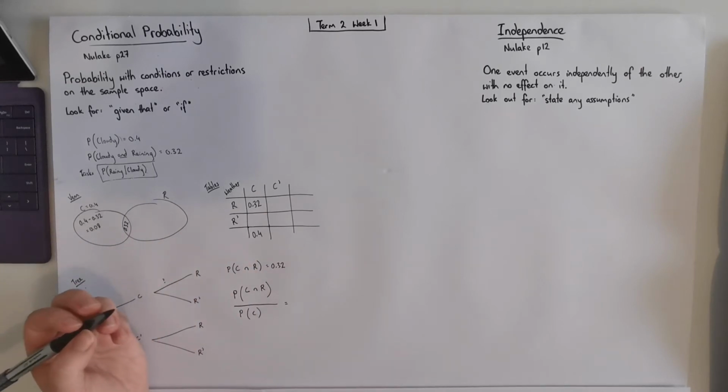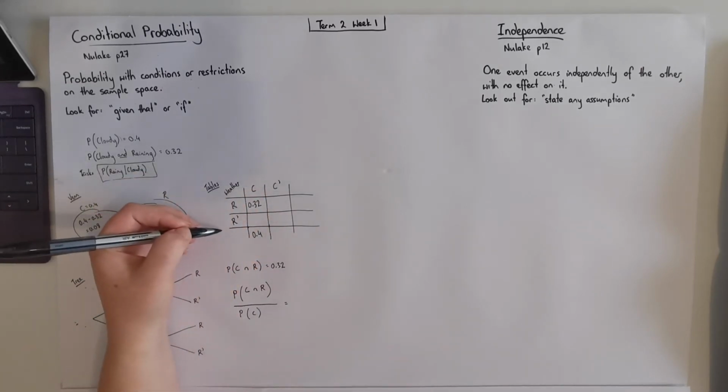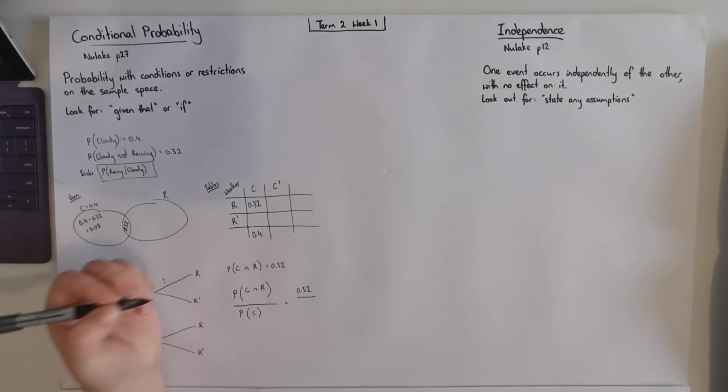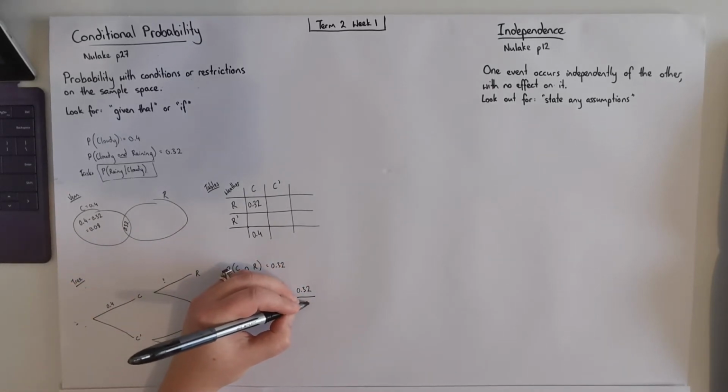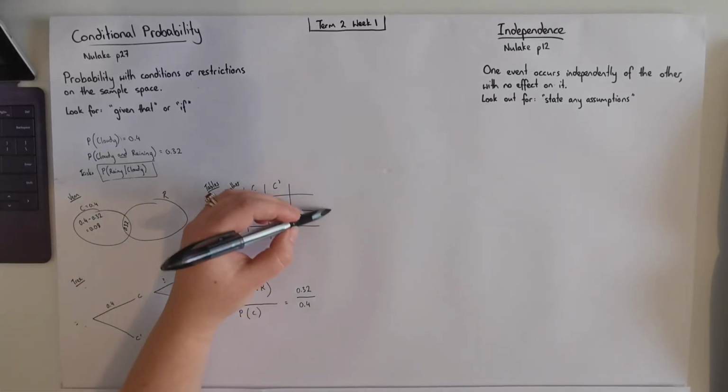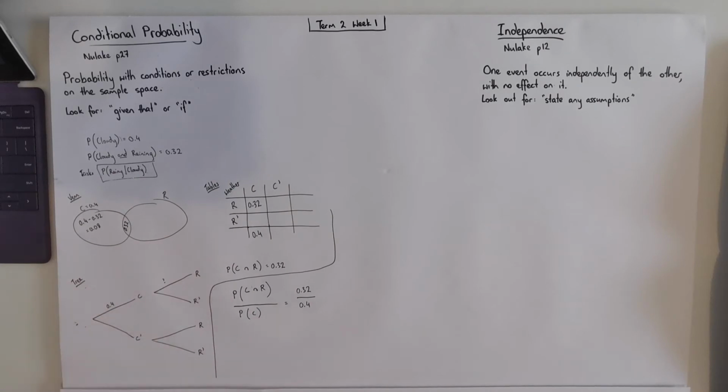Or, as we can see from here, 0.32 divided by 0.4.